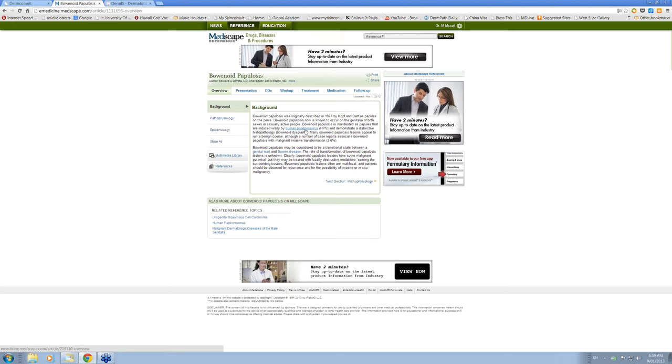Described 1977. Both sexes, papules induced by papillomavirus, distinctive histopathology. Many Bowenoid papulosis lesions appear to run a benign course, though a number of case reports associate Bowenoid papulosis with malignant invasive transformation. All right, so it can occur, but it's uncommon, 2.6%.